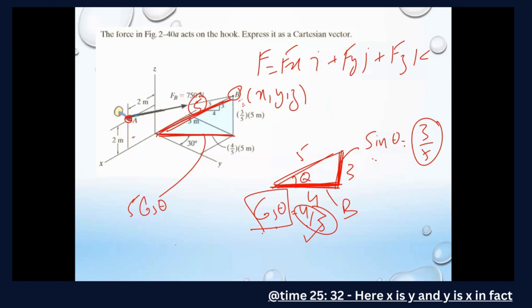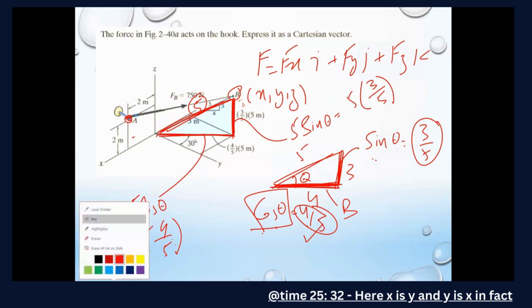So I can write 5 times 4/5, right? So this side is equal to 5 times 4/5. What would be this side? 5 times sin theta. I do not know what sin theta is, but I know the ratio, so I will write 5 times 3/5. Make sense? Yes, okay.